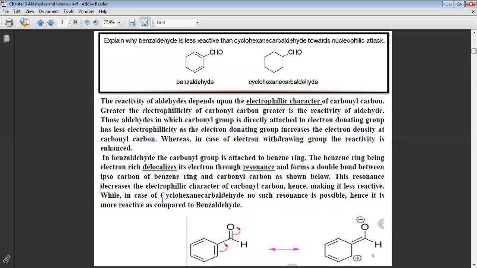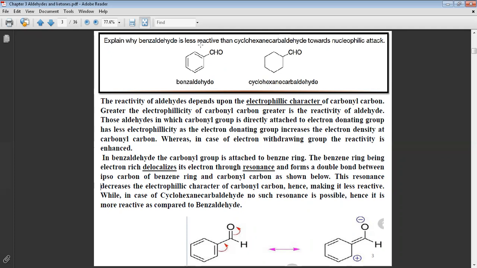While in the case of cyclohexane carbaldehyde, the second one, for this compound there is no such resonance. We don't have any resonance here. That means we already have a partial positive here all the time. For this reason, it will be more reactive if you compare this compound with this. Why?